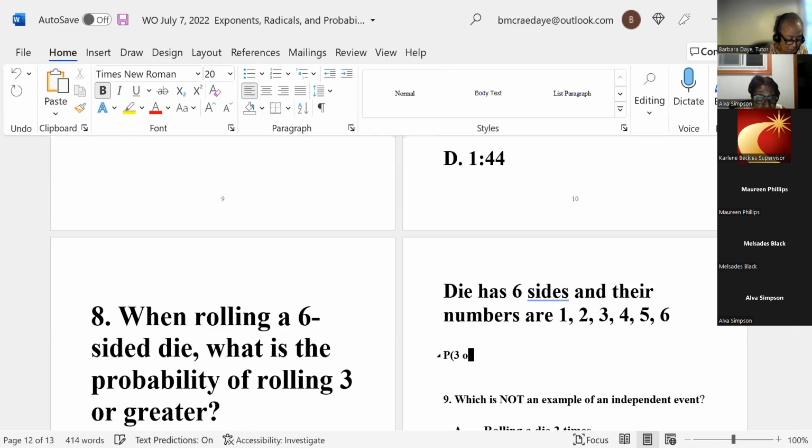Do you understand the question? It would be 4, 5, or 6. No, you can't give me but one number, Alva. I said, how many of these numbers are 3 or greater?